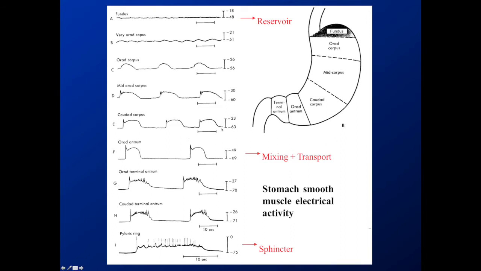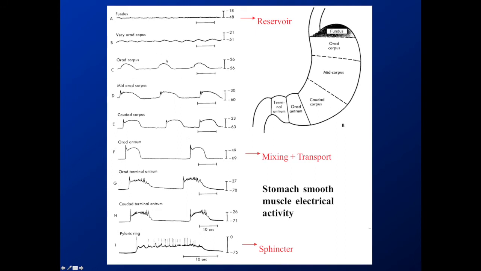And similar to the heart, the pace is set by pacemaker cells, the interstitial cells of Cajal, and they are found in the body, in the corpus of the stomach, and they set the rate.